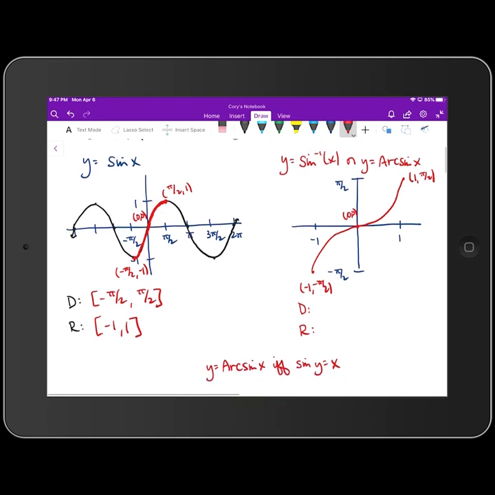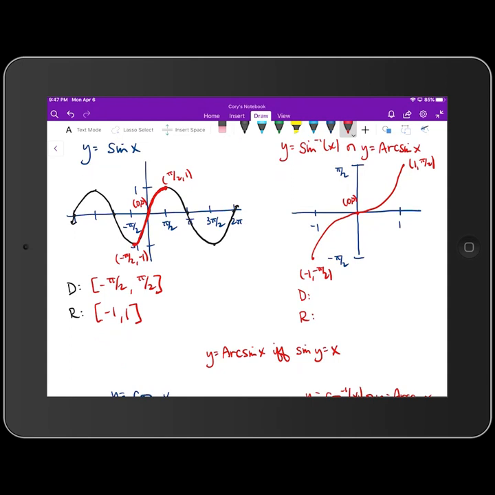Okay, and if you look at the domain and range of the inverse sine function or the arc sine function, the domain, the x values on that graph, are the closed interval from -1 to 1, which was the same as the range of the sine function. And then the range of the inverse sine function is going to be the closed interval from -π/2 to π/2, which was the domain of the sine function.